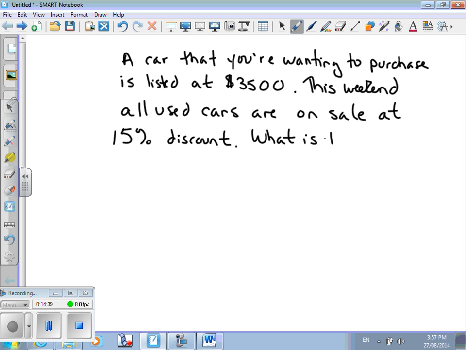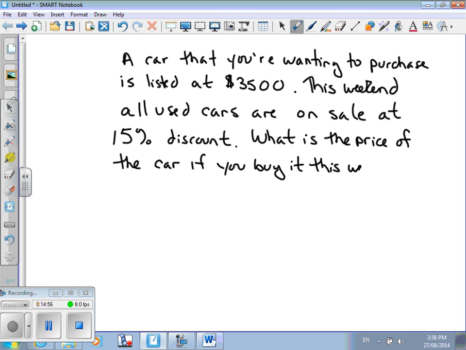What is the price of the car if you buy it this weekend?